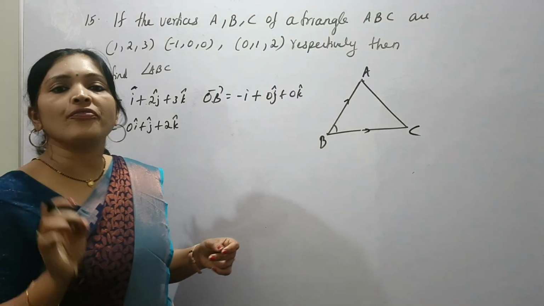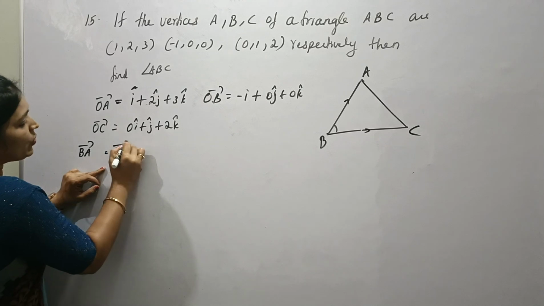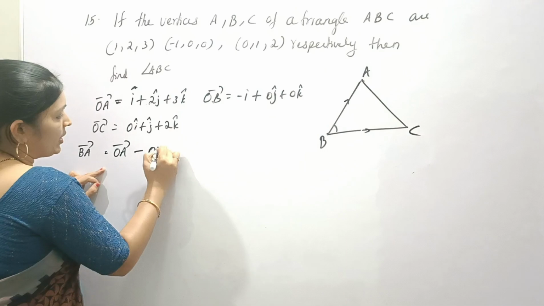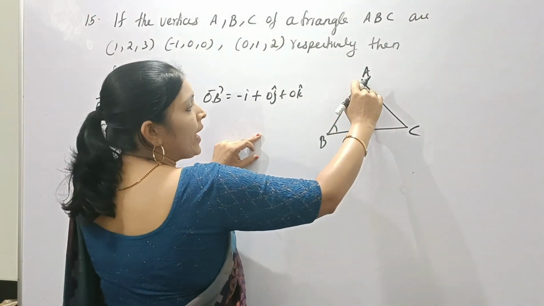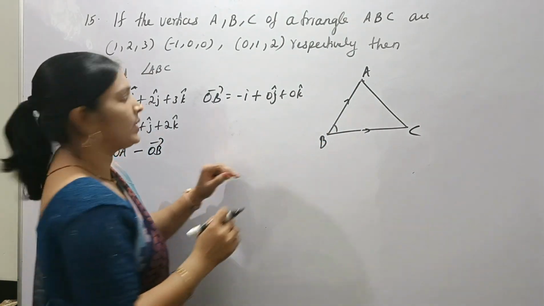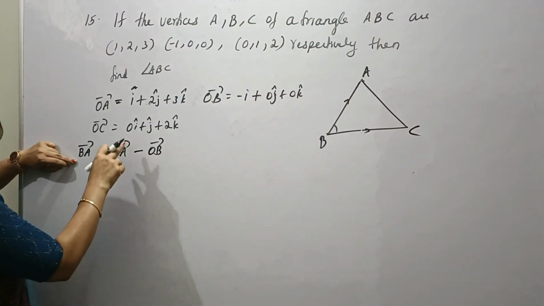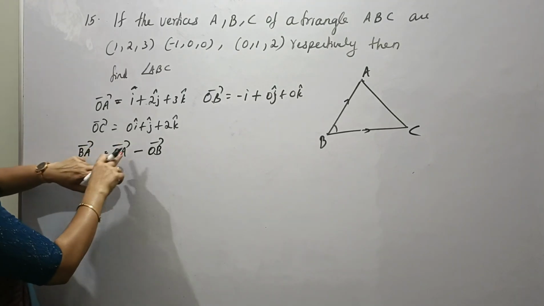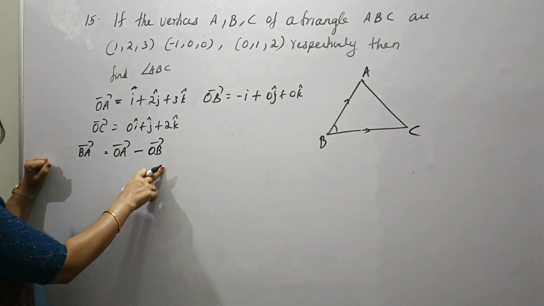By the triangular law of vector addition, we can write vector BA is equal to vector OA minus vector OB, because vector BA plus vector OB is equal to vector OA. These things we have already studied.